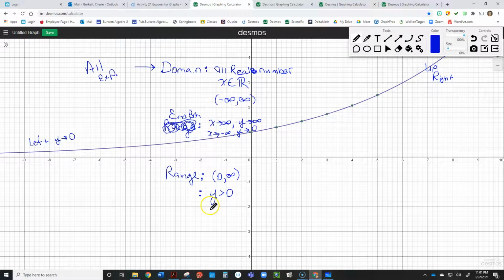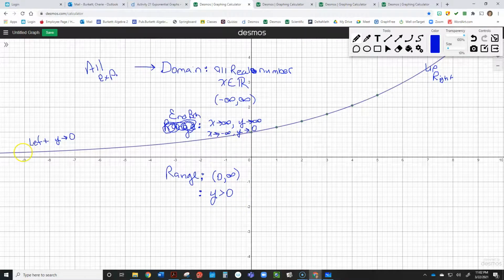The range is going to change depending on what the graph looks like, and there's lots of changes that can take place, but if it has not been shifted up or down or reflected, if it doesn't have any transformations, then this is going to be the range. When we start doing transformations and we reflect it over the x-axis, or we shift it up or we shift it down, then our range changes.